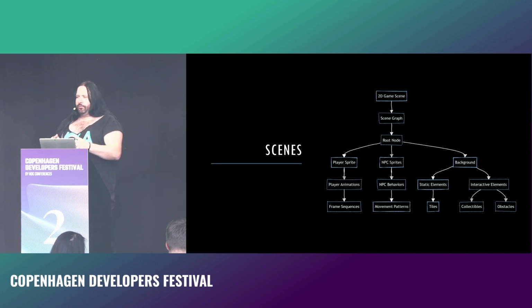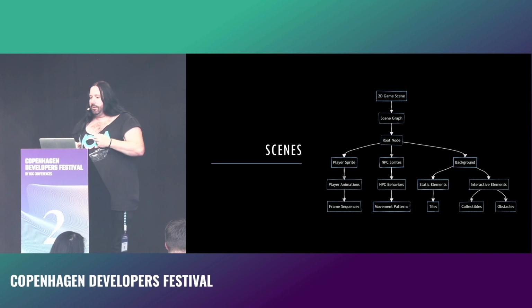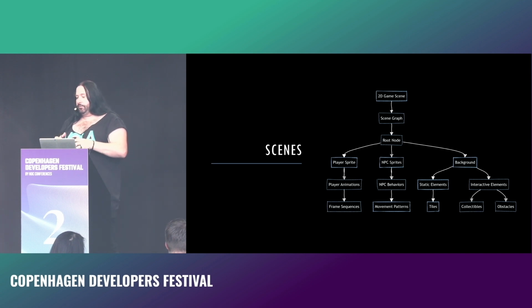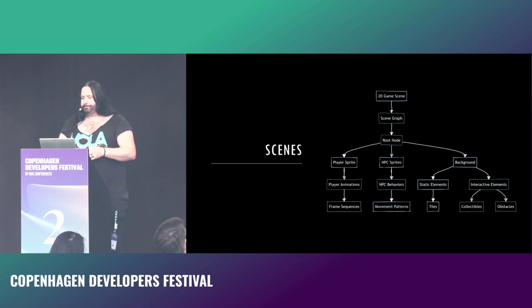So maybe you have your first-person scene where you're navigating the world, or an inventory management scene, or a mini-game scene, or a main menu and options scene. It's a way to collect different categories of subsections of your game. And generally, a scene will describe behaviors and contain objects or NPCs or game world elements.